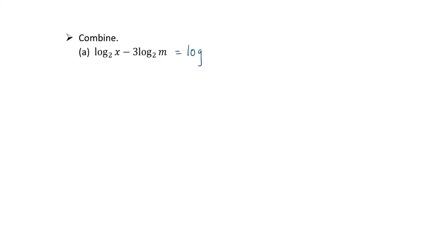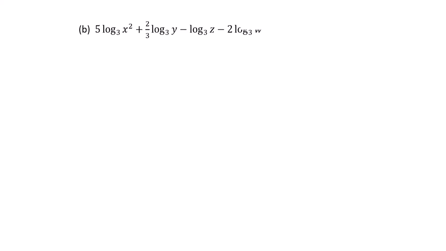This will be log base 2 of x minus log base 2 of m cubed. Now that I have two log base 2's that are being subtracted, I can write this as a single log base 2 where the positive log argument is in the numerator and the negative log argument is in the denominator.